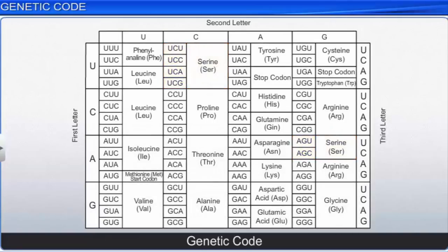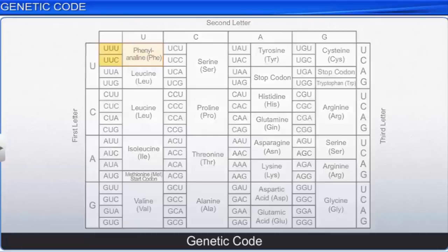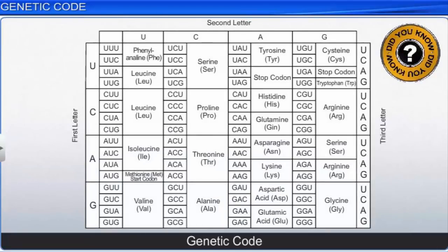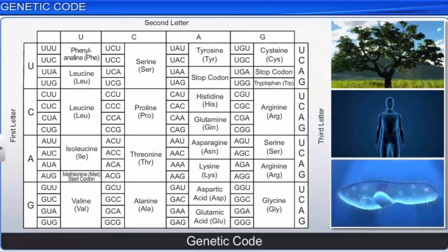Phenylalanine, on the other hand, is coded by codons UUU and UUC. Did you know that the genetic code is almost universal and the same throughout all living organisms? The codon GUG, for instance, codes for amino acid valine in plants as well as animals.